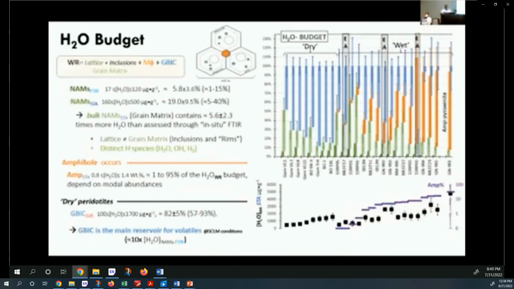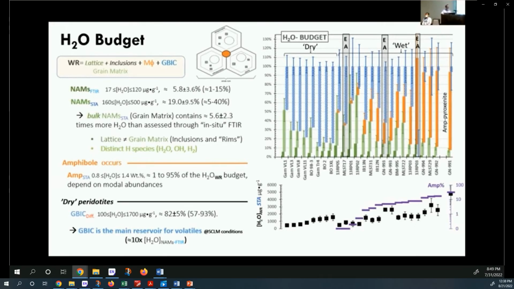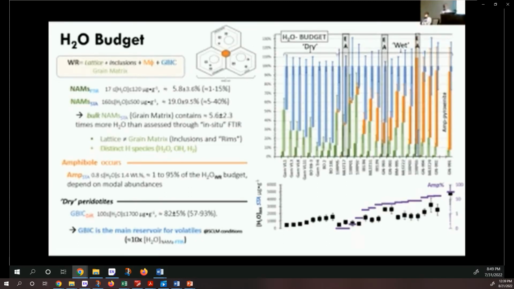Okay, so now that we have characterized all the components of our mineral systems, let's see how the water distributes between these various components. If we look at the silicate lattice, which is the NAMs as measured by FTIR, you will realize that they only represent 6% of the bulk water of the rock.